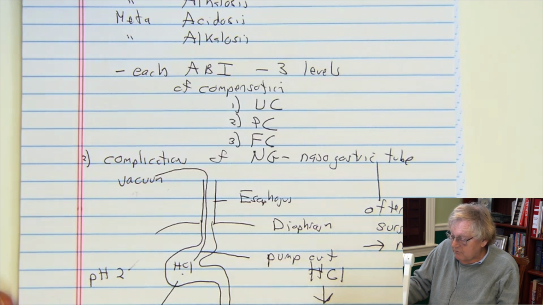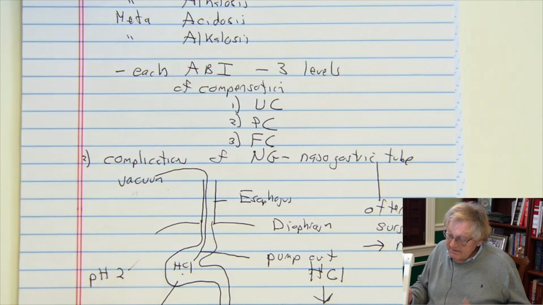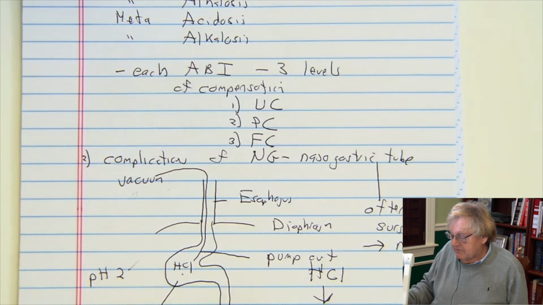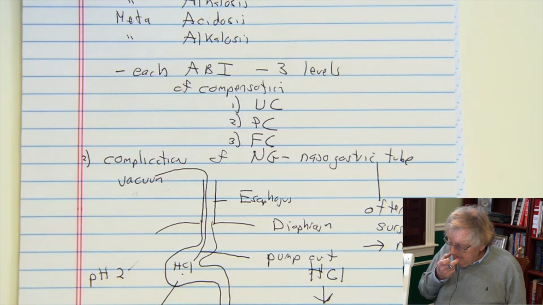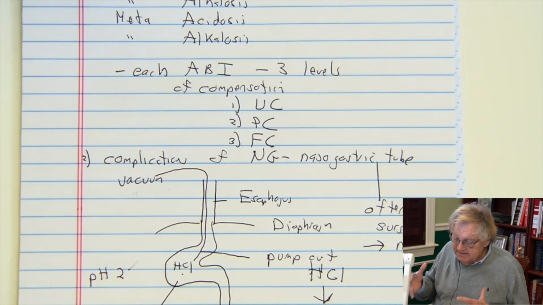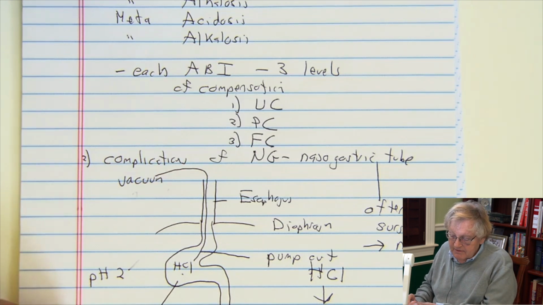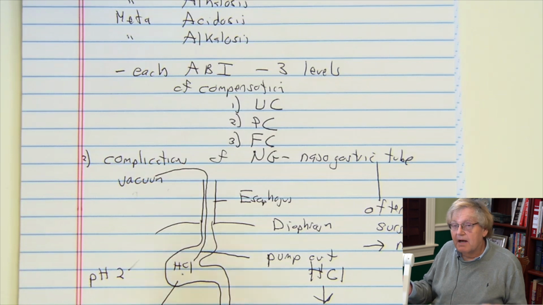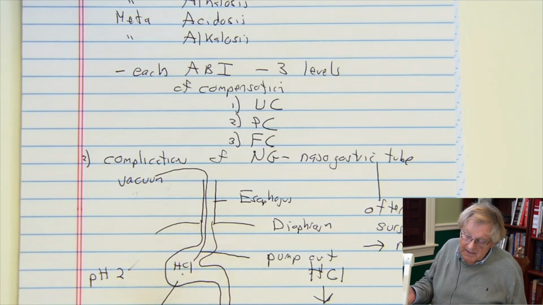So that's one thing you want to really understand, because it will give you the same concept of when someone throws up or vomits, they lose acid and go into a metabolic alkalosis. Always think of the example I gave you of a seesaw. Put 100 pounds on one side, 200 pounds on the other. Either you got to take 100 pounds out of the 200-pound side or add 100 pounds to the 100-pound side in order to balance it.